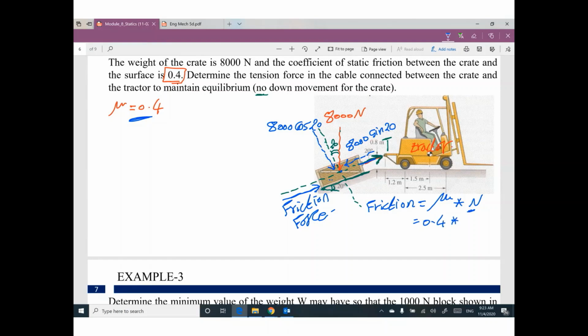What is the force perpendicular to this surface? This component, 8,000 cosine 20. So the friction force will be 0.4 times 8,000 times cosine 20. This value will be 3,007 Newton.